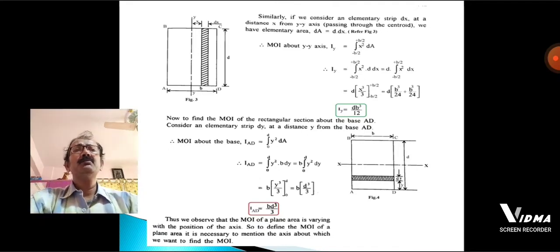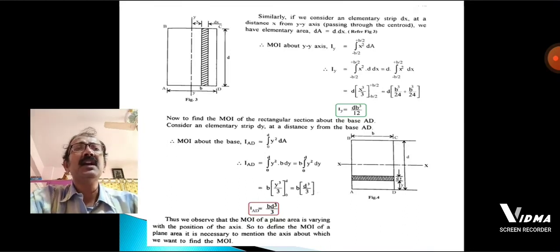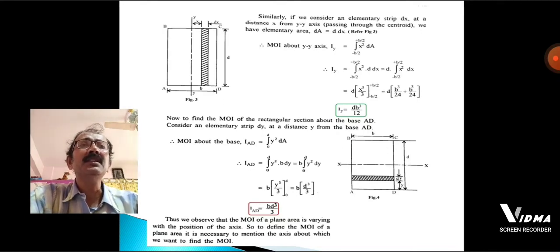Now to find the moment of inertia of the rectangular section about the base AD, that means the lowermost line AD, consider an elemental strip dy at a distance y from AD. The moment of inertia with respect to the base is IAD equals the integration from 0 to d of y square dA. These are the limits, 0 the lower limit and d the upper limit.